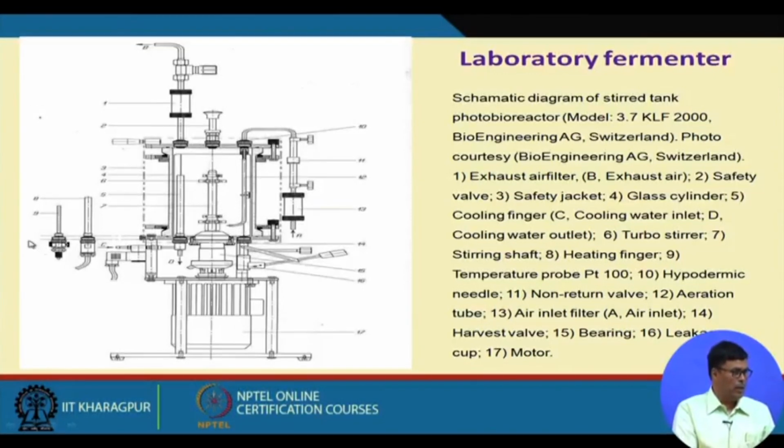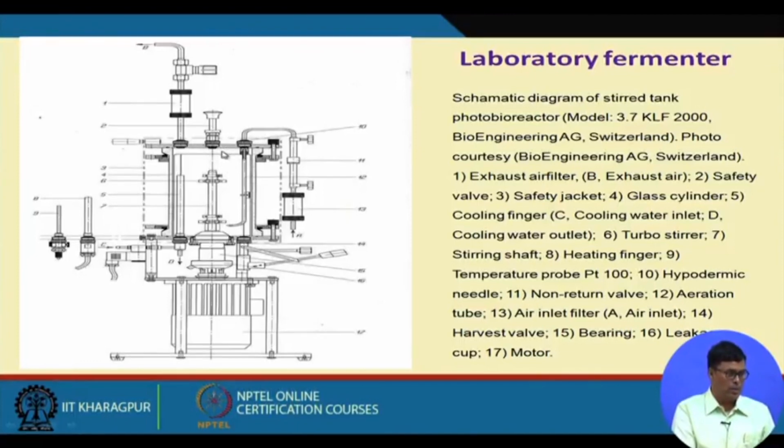So this is the temperature monitoring system, what we call the thermostat, and this is the safety valve, what we call the pressure regulated valve. As soon as the pressure increases to a great extent, it blows, so that no hazard takes place inside the system.